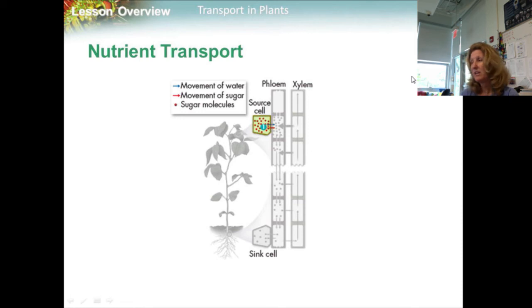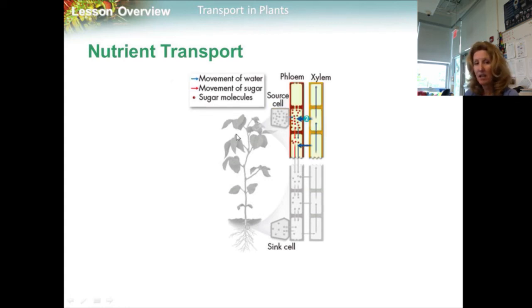First, the membranes of the sieve tube cells can use active transport to move sugars from their cytoplasm into the sieve tube itself. Second, water then follows by osmosis, creating pressure in the tube at the source of the sugars. The water wants to maintain equilibrium, isotonic.